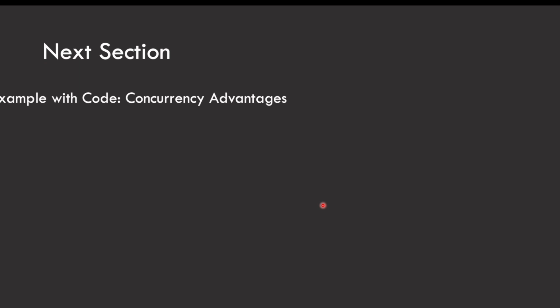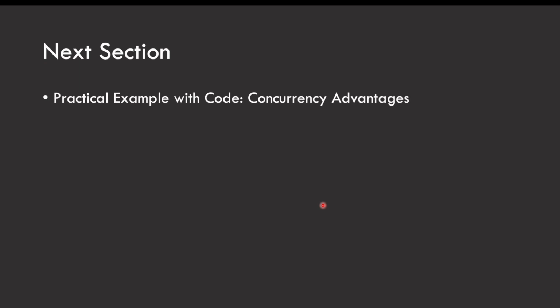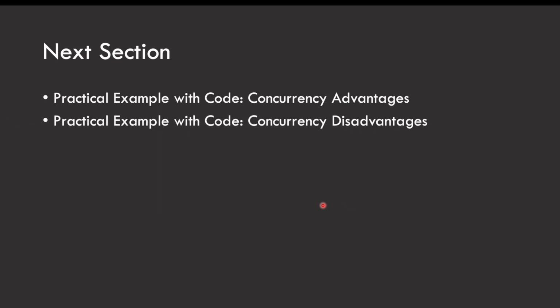Cool. So in the next coming sections, we will look at every advantage of concurrency with practical examples of code, right? We'll write code and look at examples of the advantages of concurrency, and we'll also write code and look at the different disadvantages of concurrency.